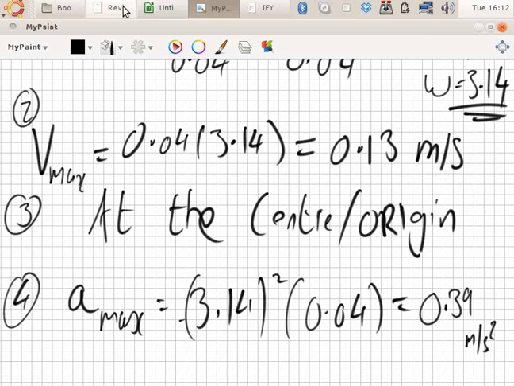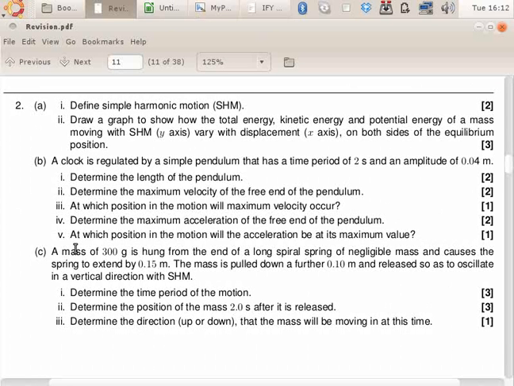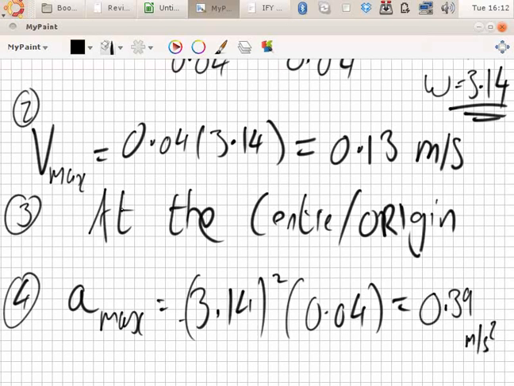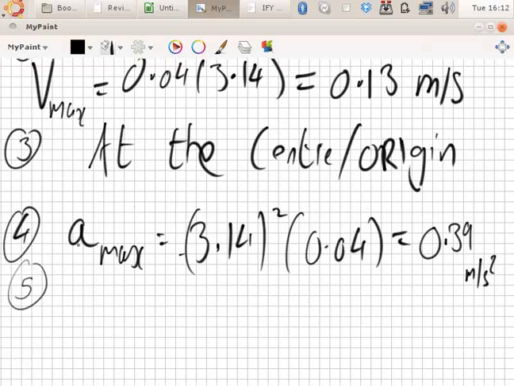At which position will the acceleration be maximum? Again, the English words. When the potential energy... Ah, so close.